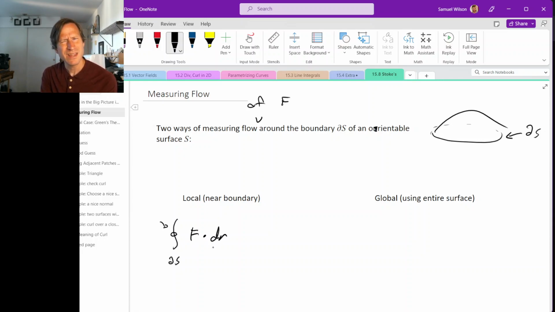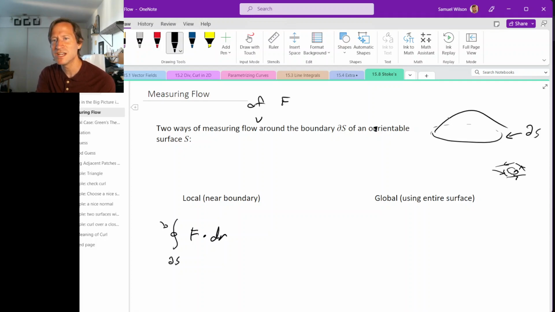Okay, but there's another sort of more global way using the entire surface to measure the flow, which is if you zoom in on a little patch of this surface, if this vector field is circulating around this little patch, that's like a little bit of flow around the boundary, right?